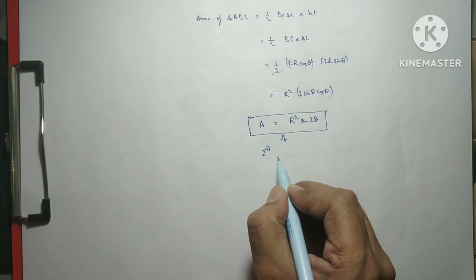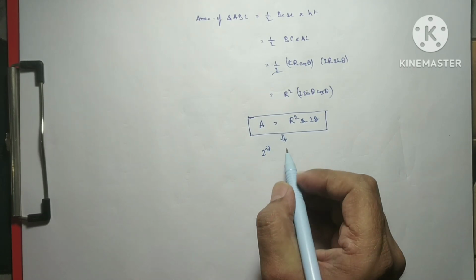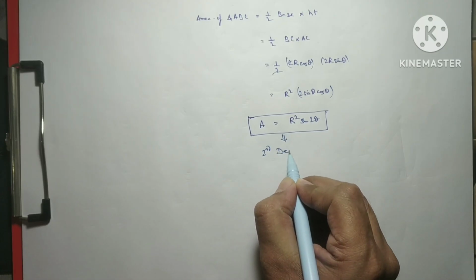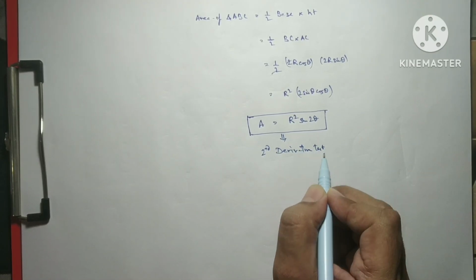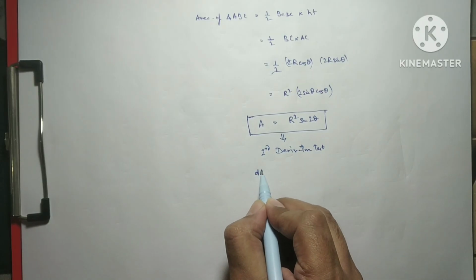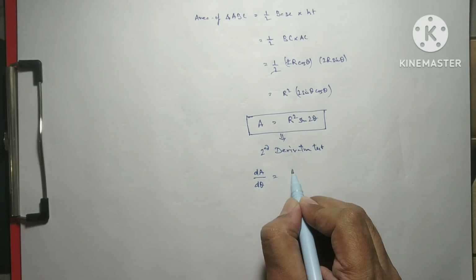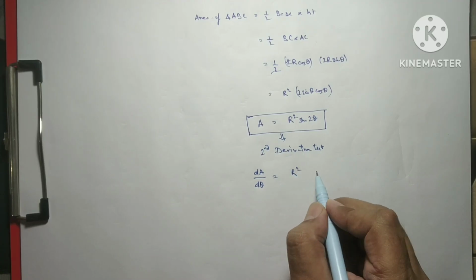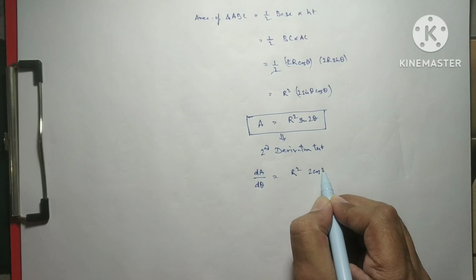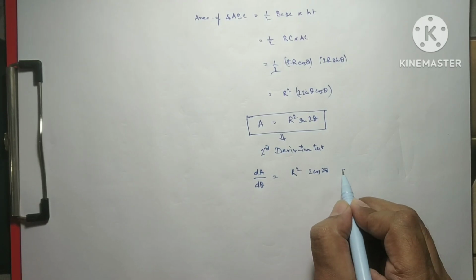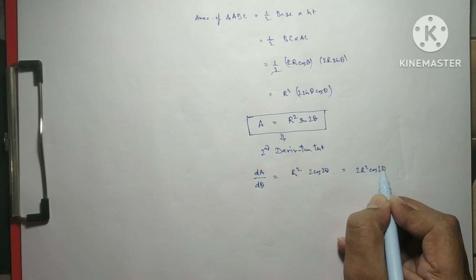Second derivative test means we will collect the first derivative and second derivative. According to this, the first derivative will be dA over d theta. It will be r square as a constant, and the differentiation of sin 2 theta is 2 cos 2 theta. So it is 2 r square cos 2 theta.